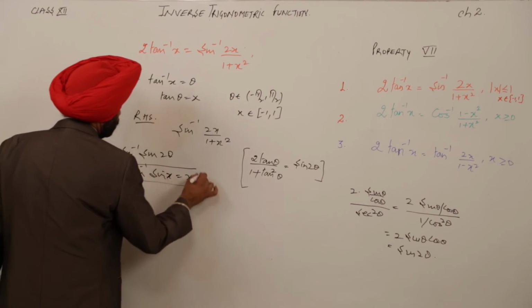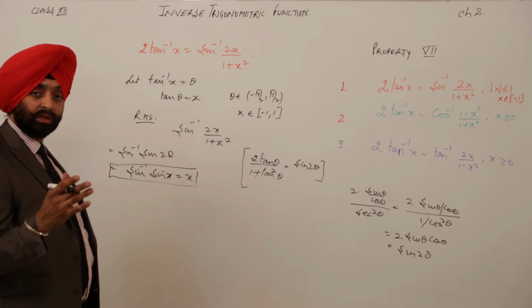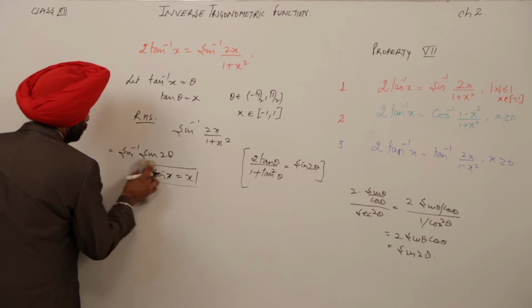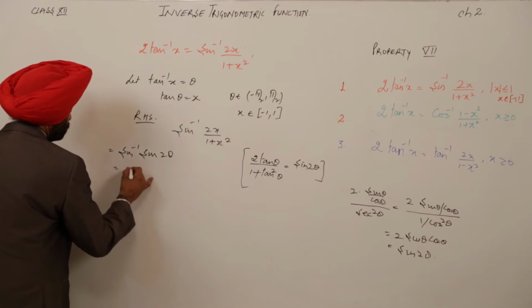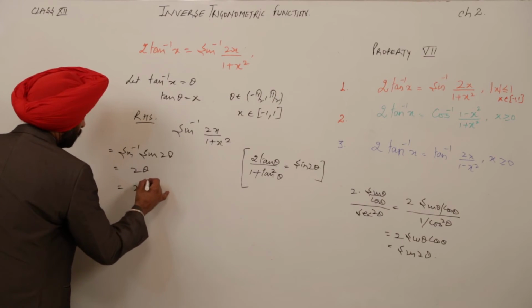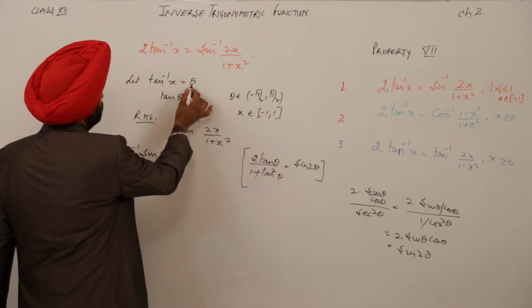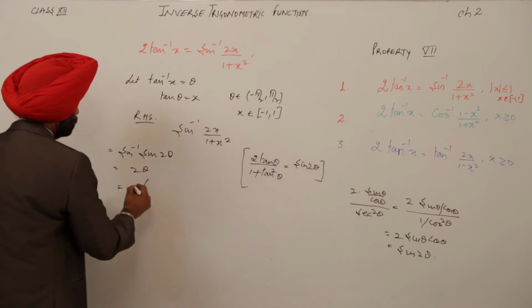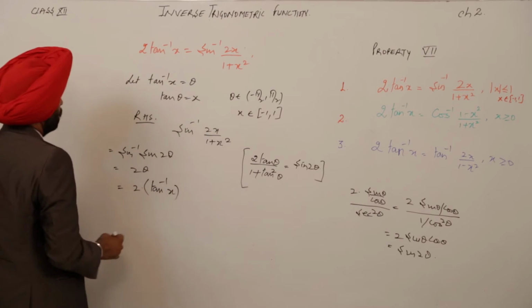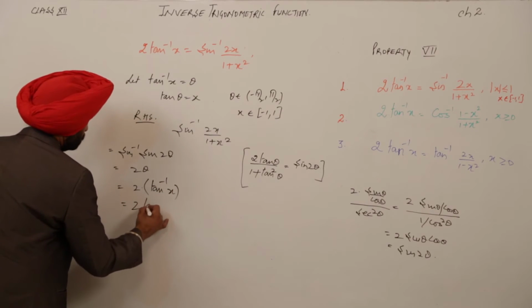This we have already done in the third or second property. So, now this becomes 2 theta. Further, this becomes 2 times, now what is theta? Theta is tan inverse x. So this becomes 2 tan inverse x.